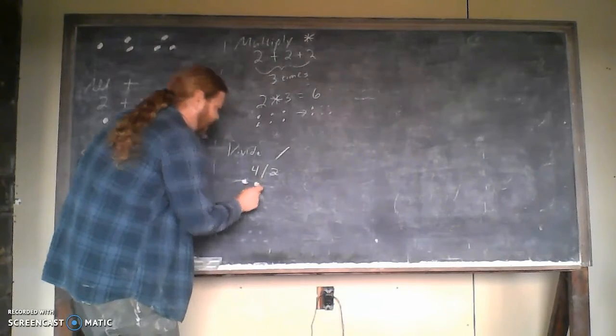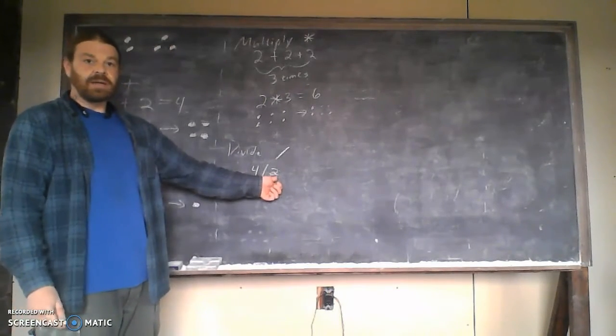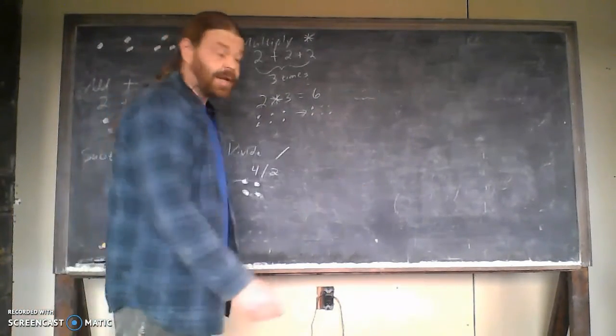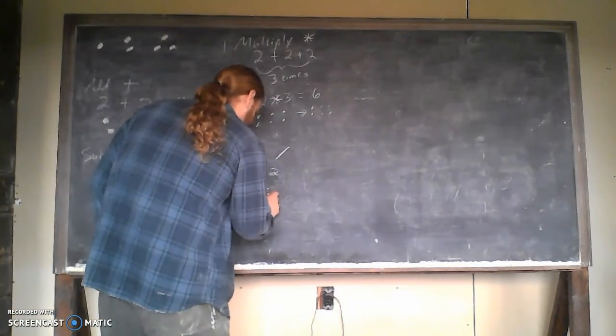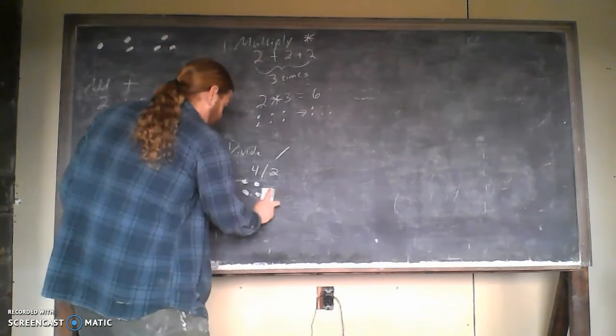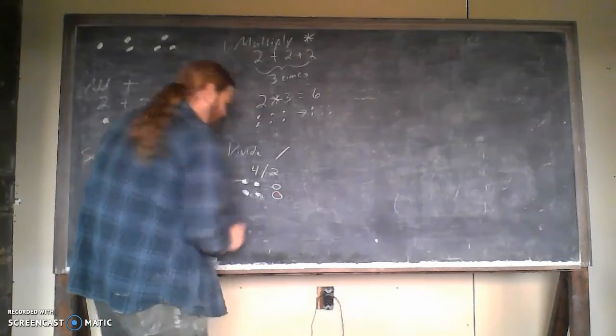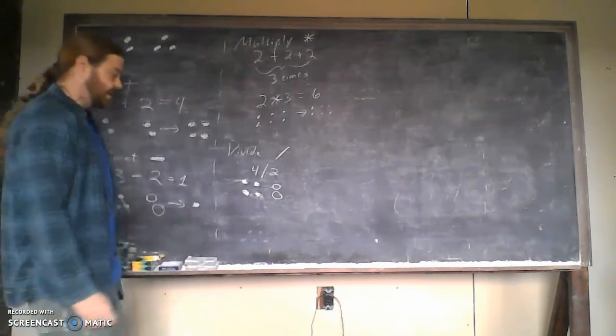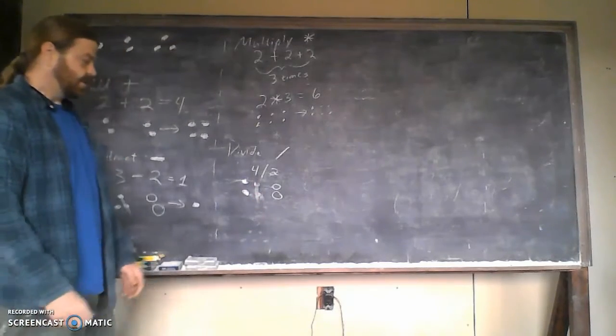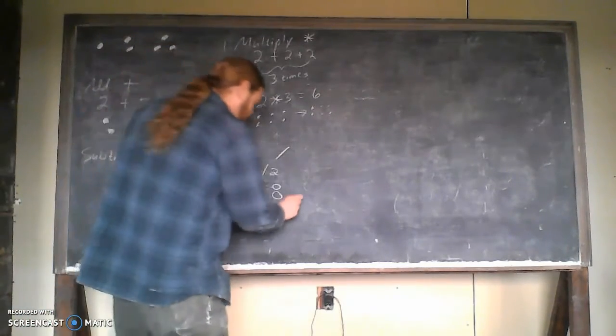And we want to know how many times we can take 2 away before we can't take any more away. So I'll just throw in some holes here. Just 2 holes. Some of the dots are going to fall in. Those first 2 dots are going to fall in those 2 holes.